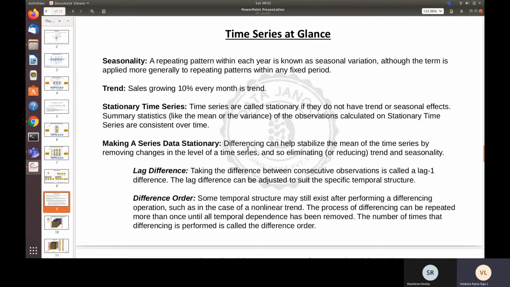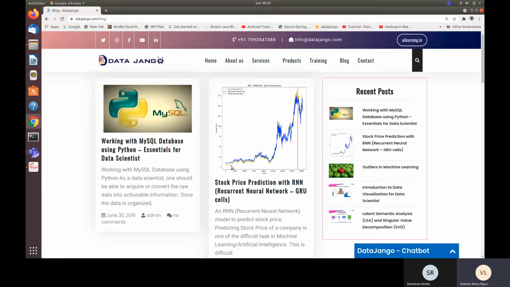So what you do is you take consecutive numbers. If you take stock price, first day and second day stock price, you take the difference. Second day, third day, take the difference. Third day, fourth day, take the difference. Like that, you take differences and take the differenced data as your data to build the model. Instead of building a model on the original data, you take differences and build a model.